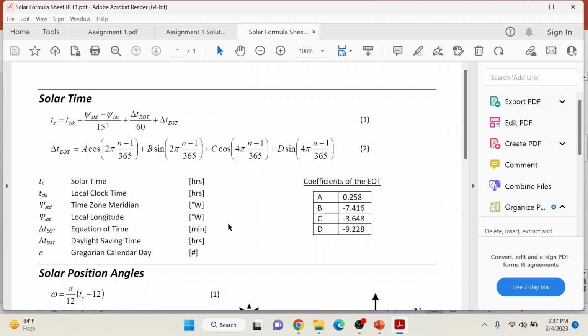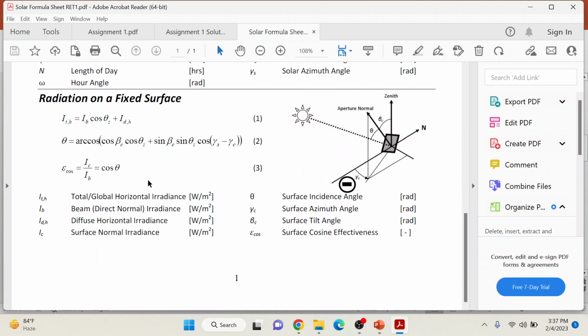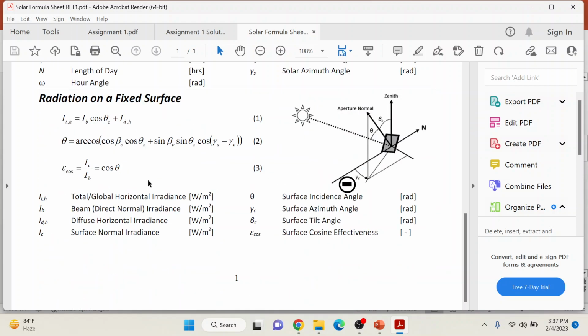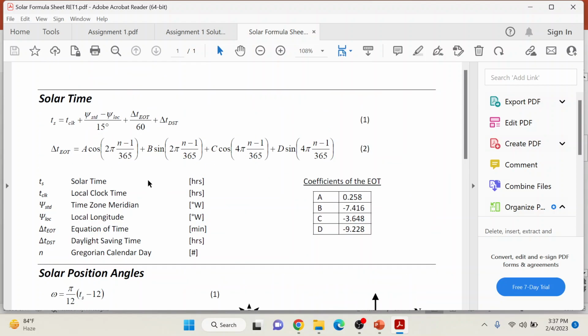Sir has also told about the equation of time in the class, and there are different coefficients used for equation of time calculation, A, B, C, D, and generally we consider till A, B, or at most C. Are you able to see this? Yes. This is a solar formula sheet that has been prepared. This is a concise single page of all the formulas that will be utilized at least for the week 1 classes, and you are not having many numericals afterwards.